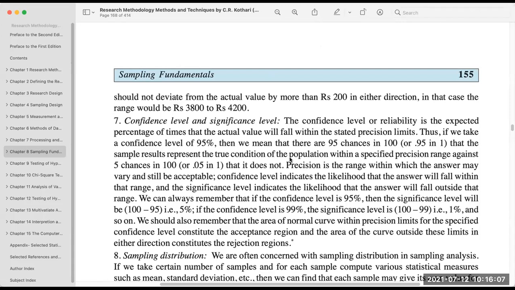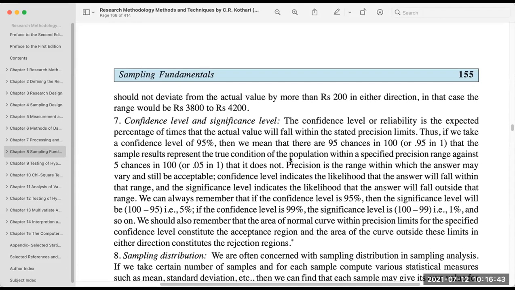That means if you say 95% confidence level, then out of 100 times, that dimension of the product or parameter, whatever you select, even age, should be within the given limits. 95 times out of 100 it should be in the given limit, and there may be chances that 5 times it falls outside.